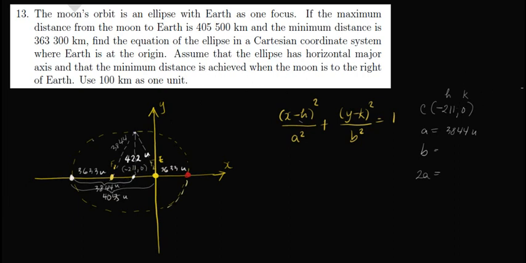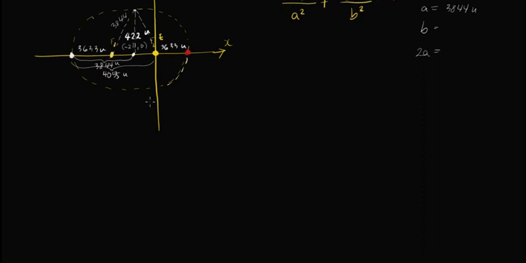So, mag-drawing ako ng bagong triangle para mas malinaw. So, itong triangle na to, i-magnify ko. You will have this triangle. So, ma-magnify ko siya. And this distance over here is 3,844 units. This one over here is 211.